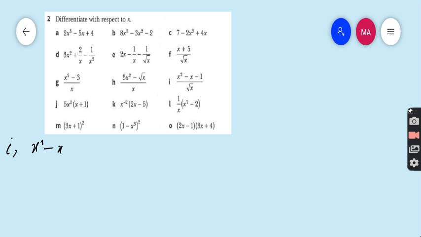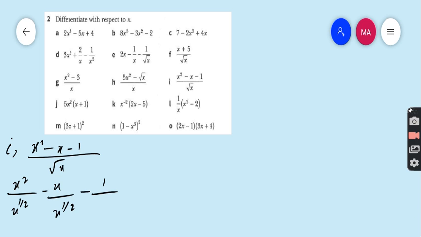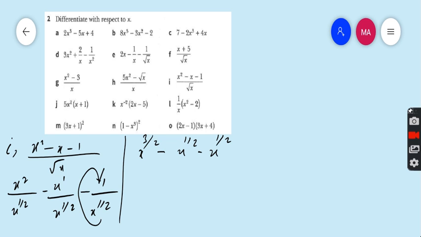x square minus x minus 1 upon root x. So x square upon root x means x to the power 2 minus 1 upon 2, that is 4 minus 1 is 3 upon 2. Then minus x power 1 minus 1 upon 2 is 1 upon 2, and this x to the power 1 upon 2 moves to the numerator, so it is minus x to the power 1 upon 2.